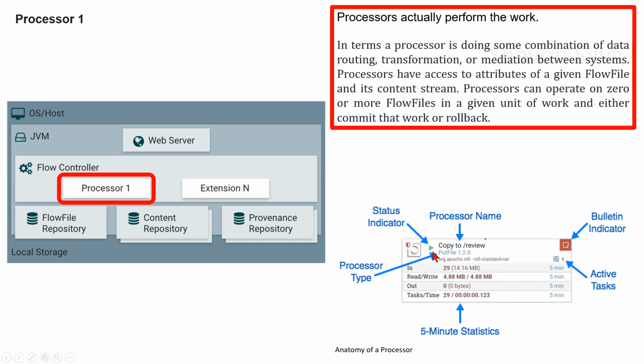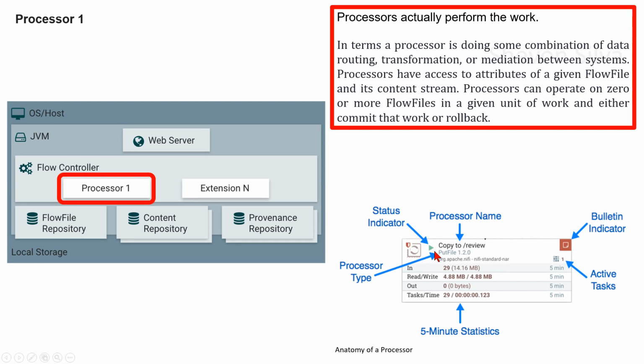Status indicator. This shows the current status of the processor. The possible indicators are running: the processor is currently running, and stopped: the processor is valid and enabled, but is not running.